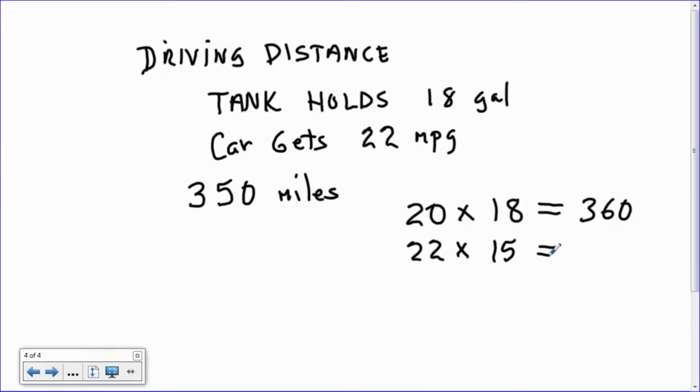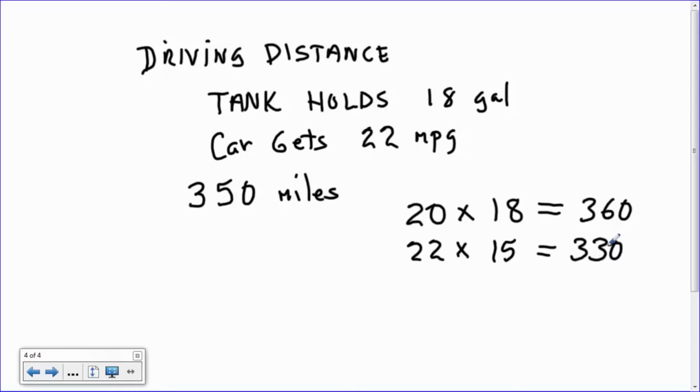Let's see, 22 times 15, I'm going to do this in my head, kind of mental math. 20 times 15 is 300, and then 2 times 15 is 30, so it's 330. If you use that to estimate, you might say that's too coarse an estimate, but at 330, you're going to have to think, do I really have enough gasoline to go all the way?